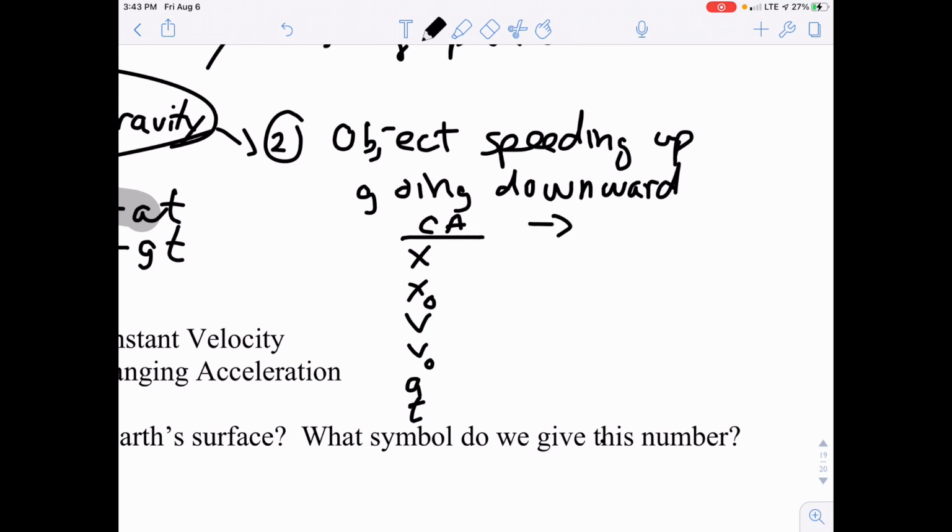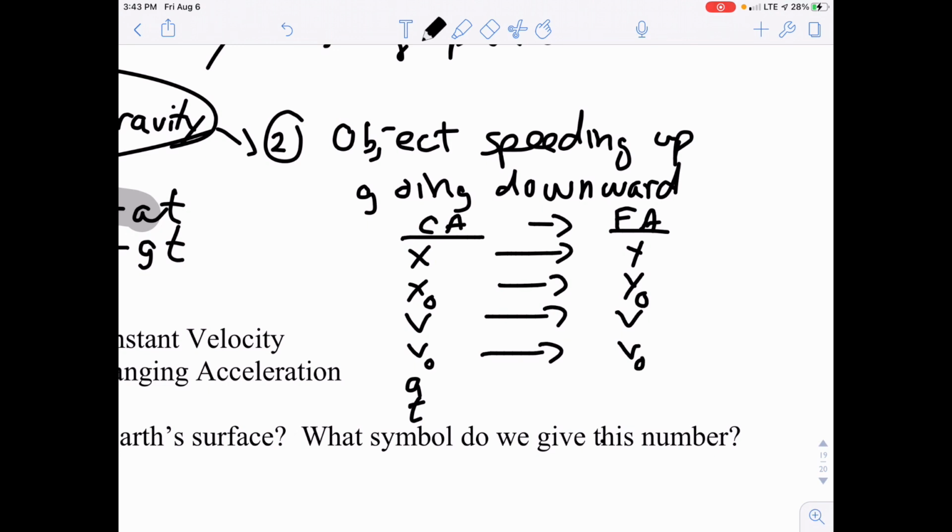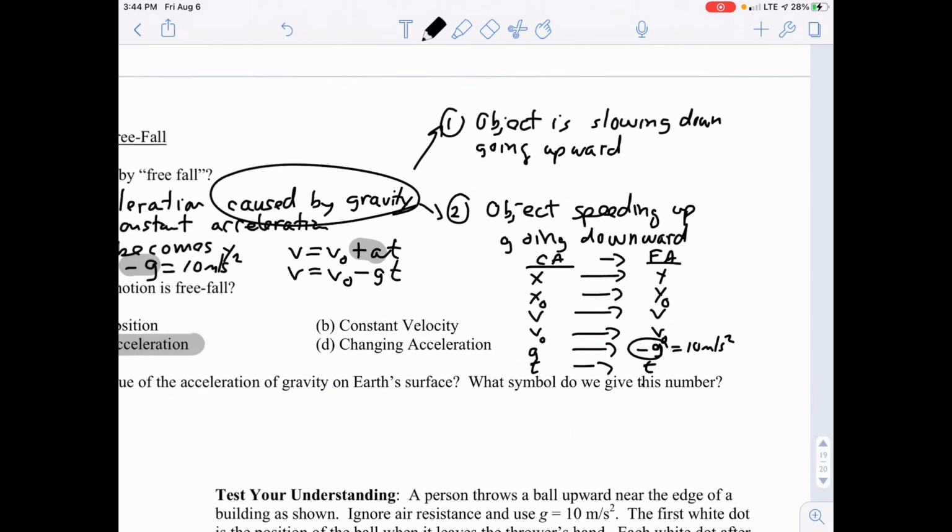And for free fall acceleration, which I abbreviate FA, all we do is change things. X becomes y, x naught becomes y naught, v is still v, v naught is still v naught, we can still keep the same direction. A now becomes negative g, in which case you're going to plug in 10, but negative g is what we substitute into the formulas. And t is still t. Time is time. Time doesn't have a direction, so that stays as is.